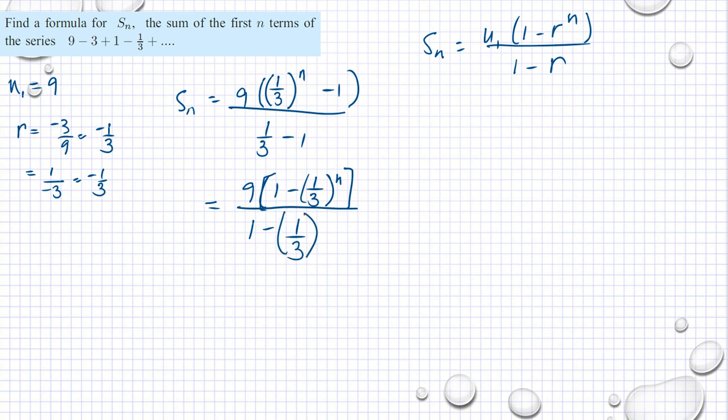But as you can see here, our r is negative, so we have negative there, and then we have negative there. So that means we have 9 multiplied by 1 minus negative 1/3 raised to n. Then this will become positive, so we have 4/3 instead here.